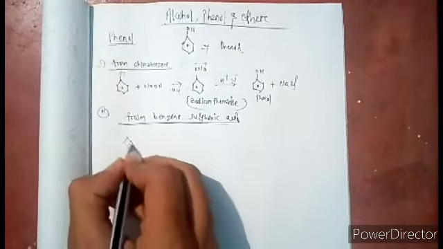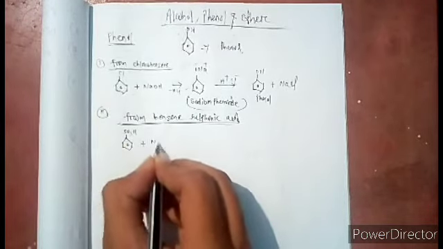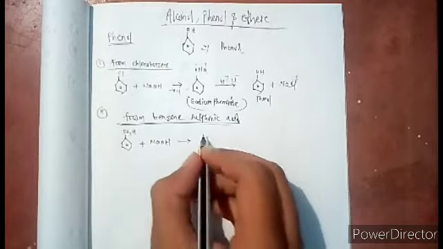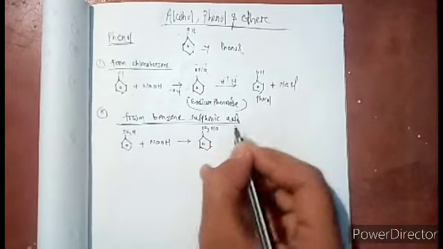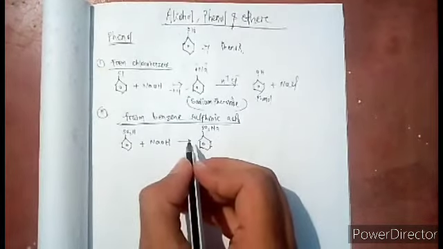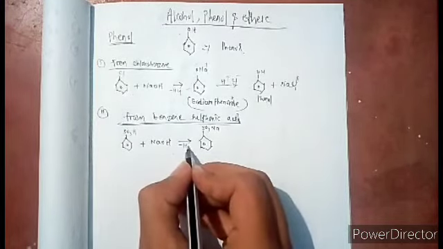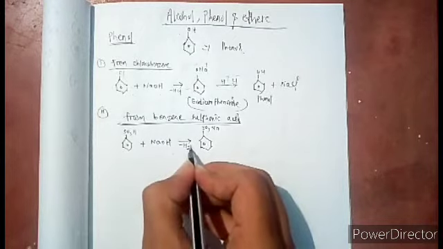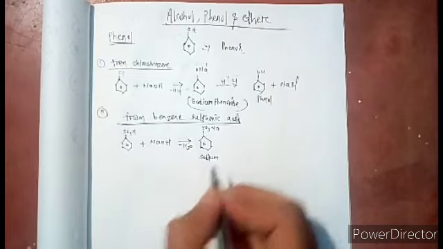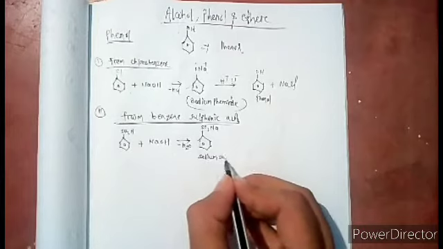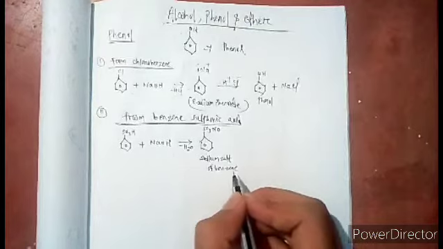When benzene sulfonic acid reacts with sodium hydroxide, it results in the sodium salt of benzene sulfonic acid with the removal of water. Again, this is called the sodium salt of benzene sulfonic acid.